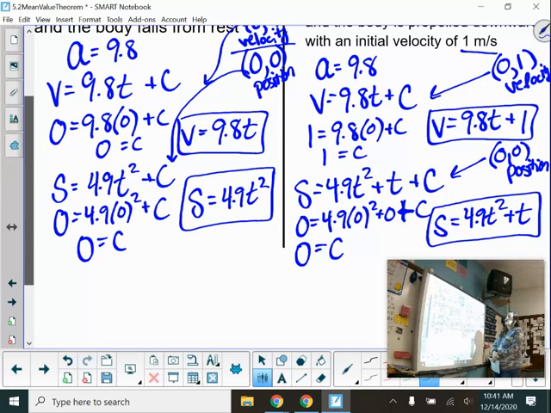By the way, if you are on Earth, your acceleration due to gravity is always going to be 9.8 if you're using meters per second. If it's feet per second, you're going to be looking at, I believe, 32. So just be aware that those are the numbers that you will see over and over again. If you're on other planets, then those values are going to change because their gravity is not the same as ours.